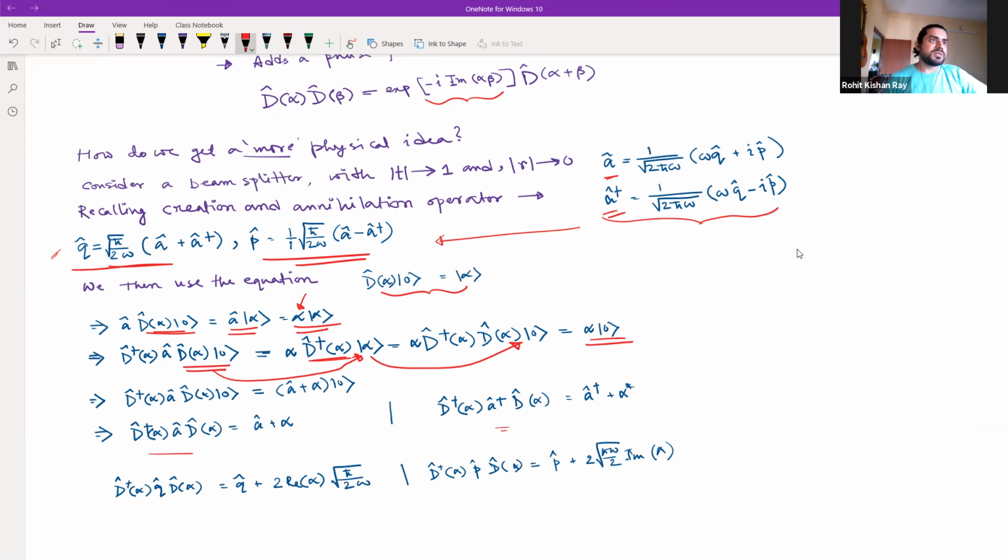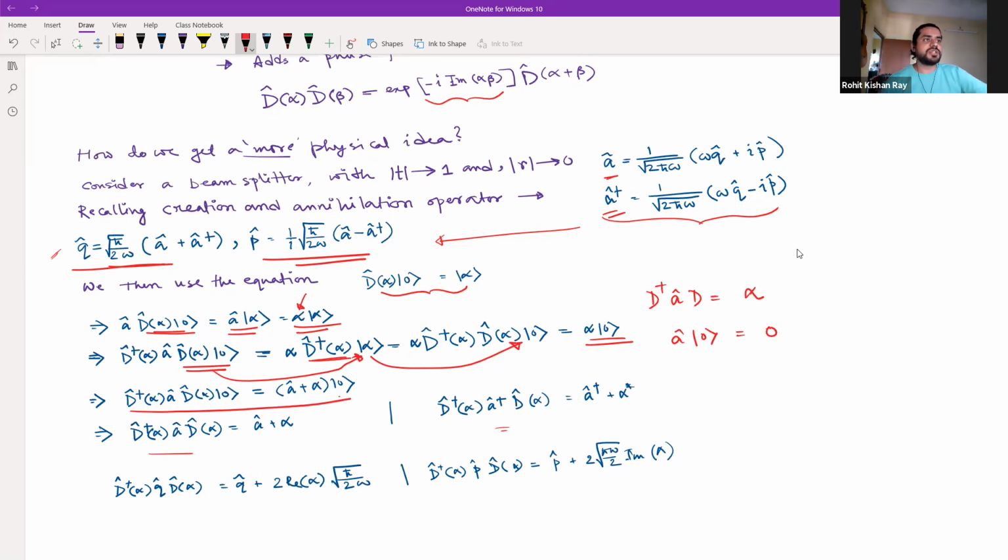So this suggests one thing: D dagger A D, suppressing alpha, is equal to alpha. But we must also notice that A on 0 gives 0. If we use these two facts together, we get a relation of this kind.